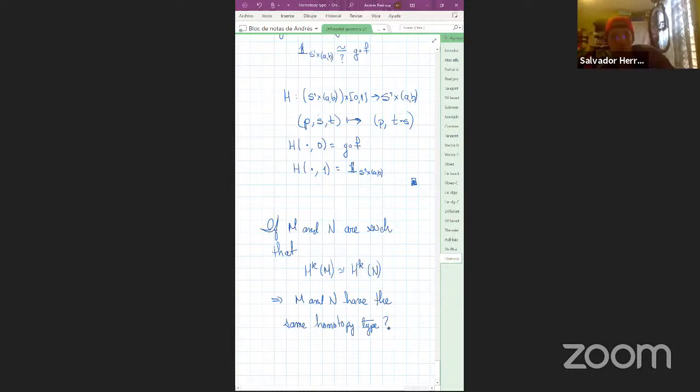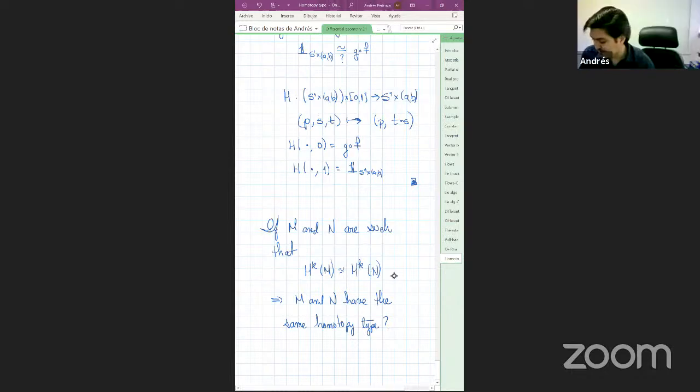Yes. Okay, great. And of course here, this is as vector spaces. The answer is no.